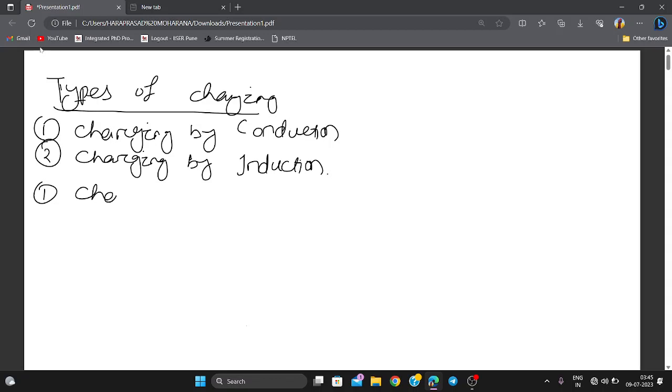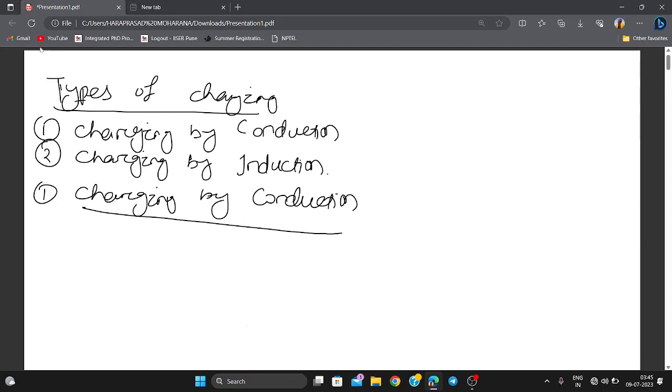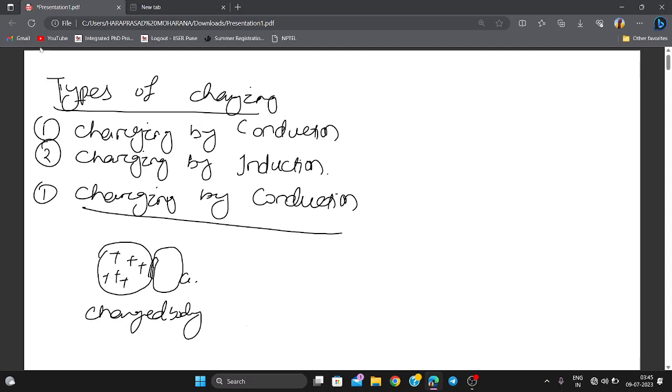Make a headline: charging by conduction. What does it mean? If I have one charged body, let's suppose it has positive charge, and I keep it in the neighborhood or in direct contact of another body.